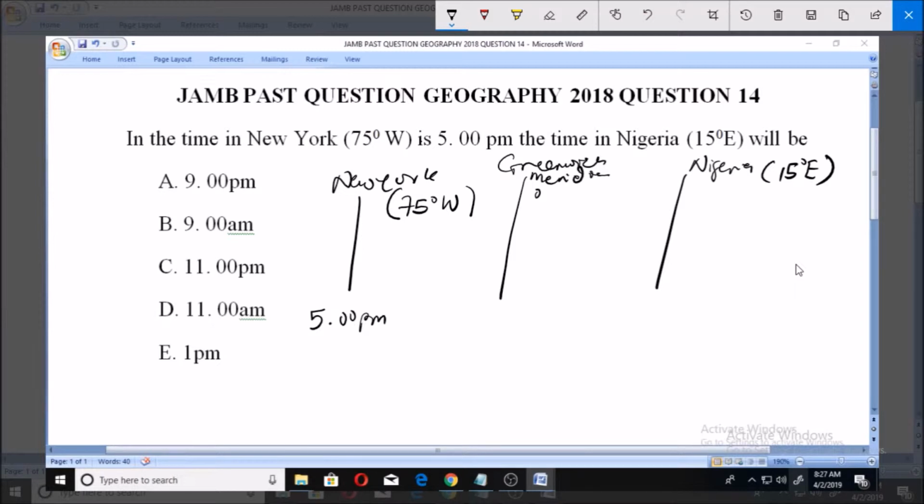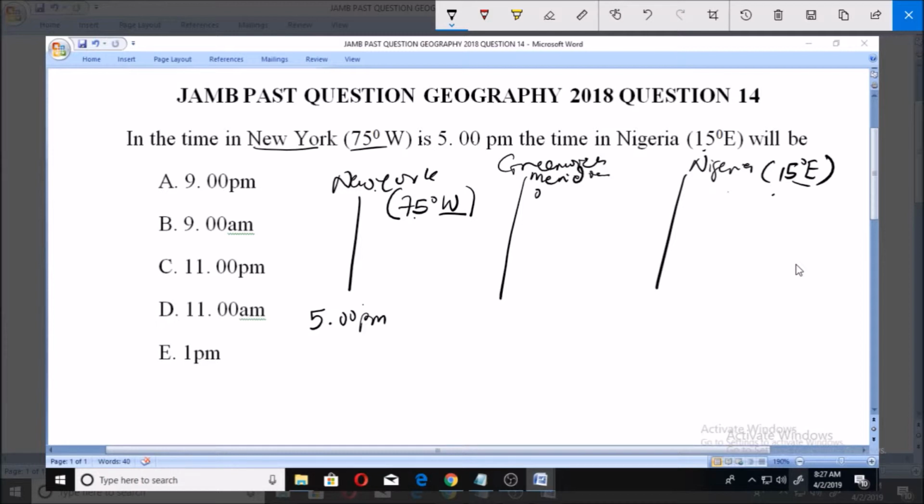Now whenever you have the directions opposite, like here we have west and we have east, you need to add up to have the resultant direction. So we're going to have 75 plus 15 because of the opposite directions.